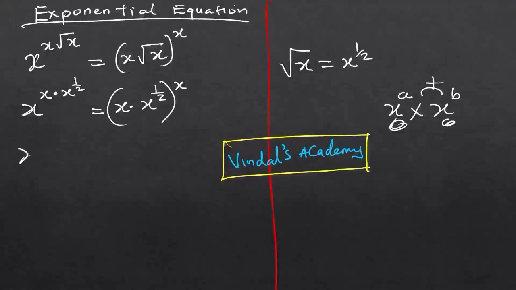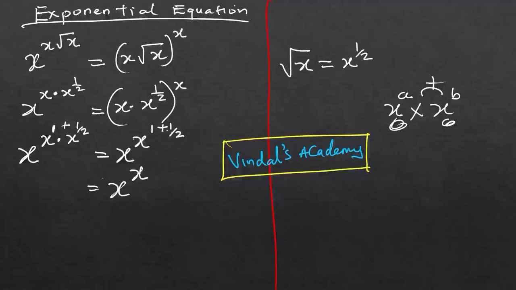Therefore, I'm going to have x raised to the power x, dot x to the 1 over 2, meaning that there is 1 here and these powers we add. So this is going to be equal to x raised to the power x, 1 plus 1 over 2. Whenever you say 1 plus 1 over 2, it is going to be 3 over 2.